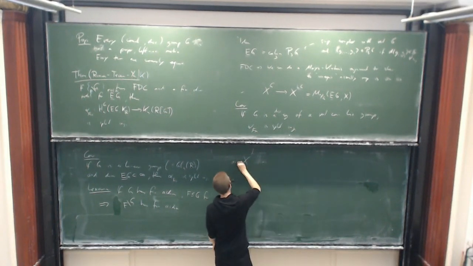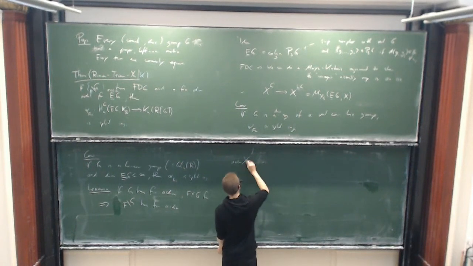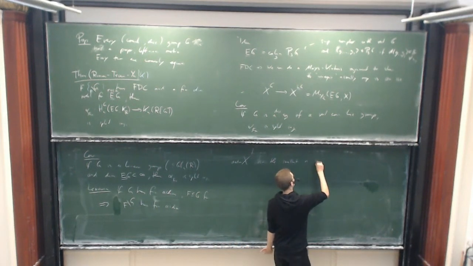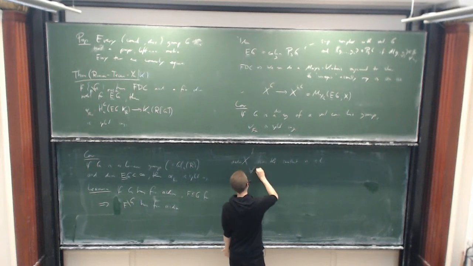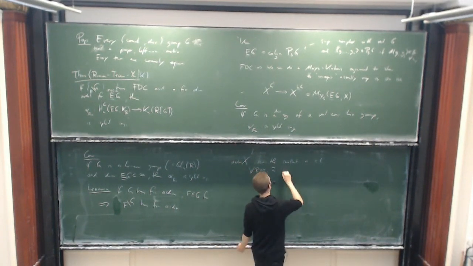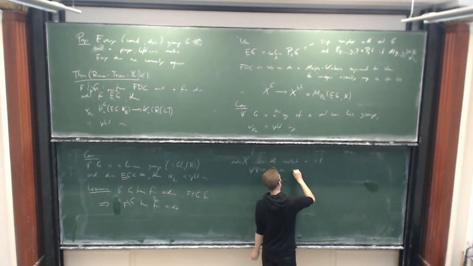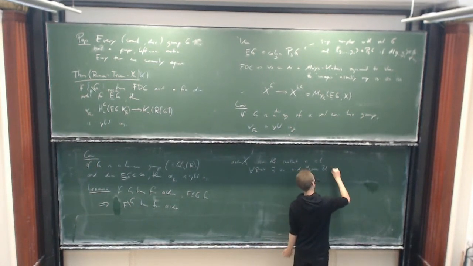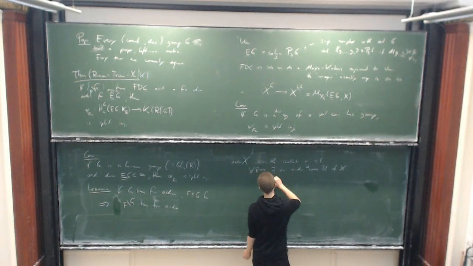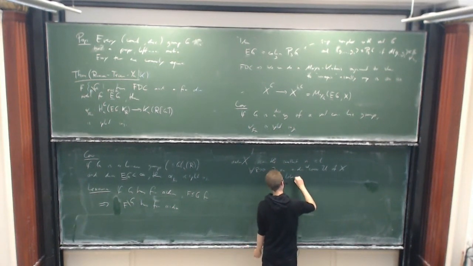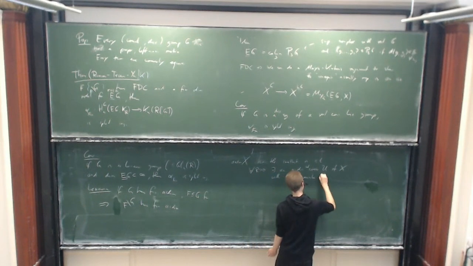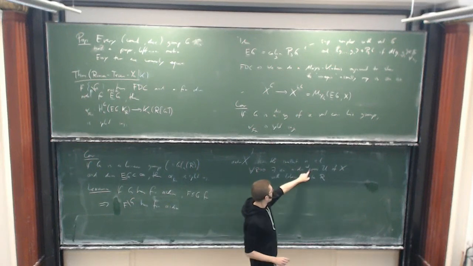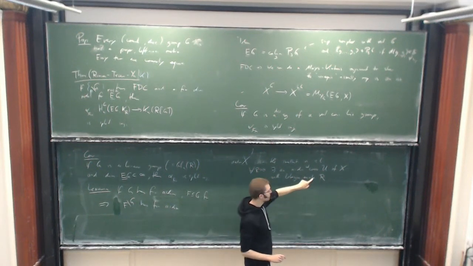Let's say the asymptotic dimension of X is the smallest n such that for all R there exists an n-dimensional bounded cover U of X with Lebesgue number R. So bounded means that the supremum of the diameters of the U's is bounded.